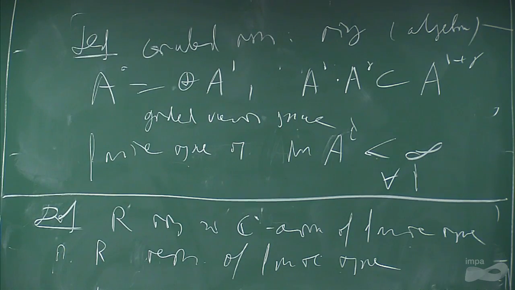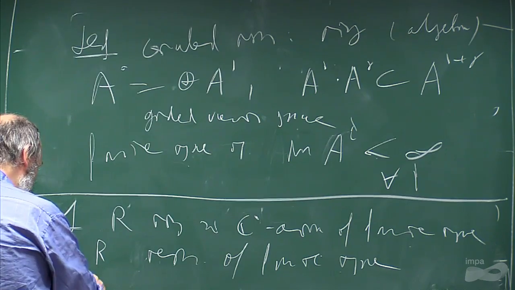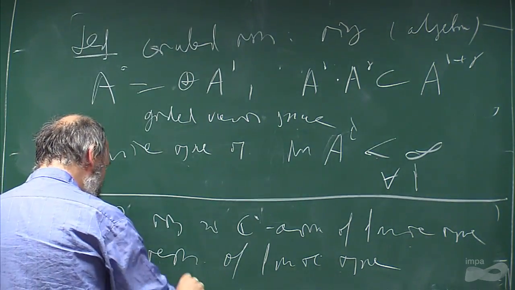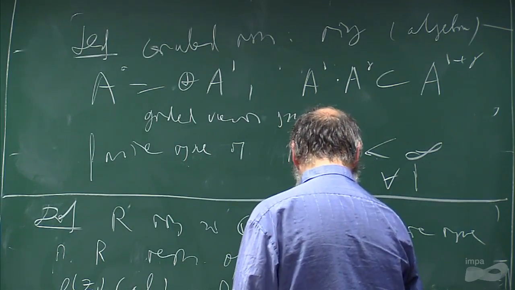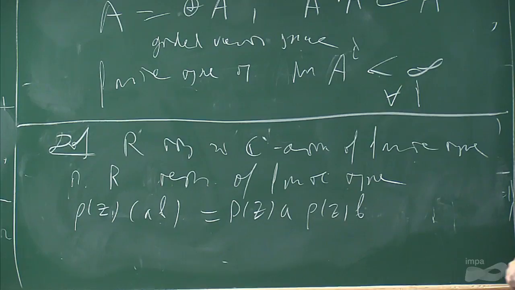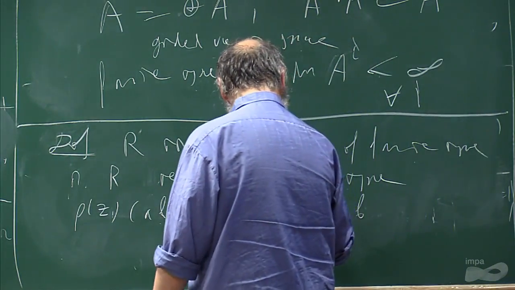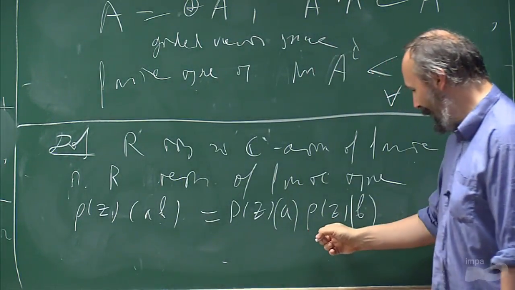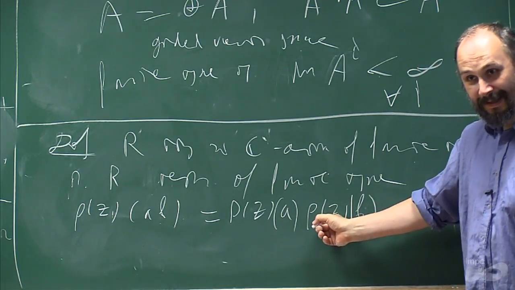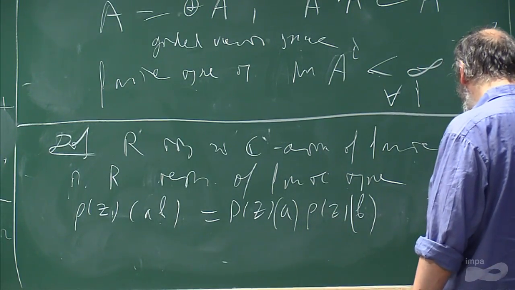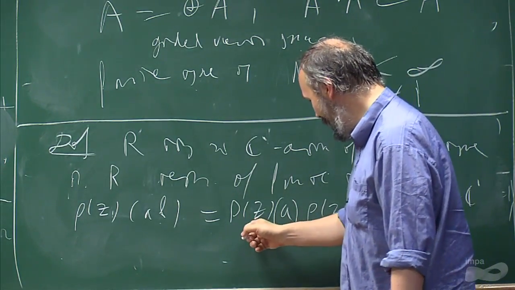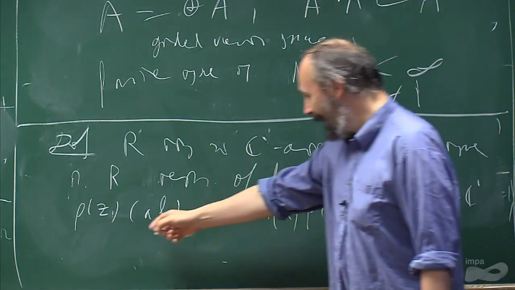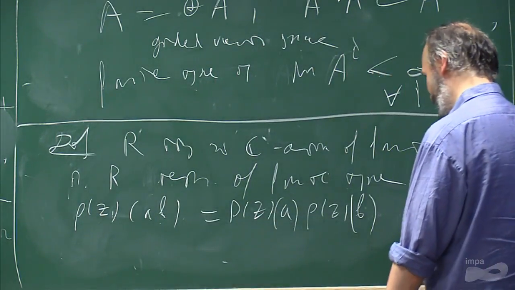And then you have to assume that rho of z of ab is rho of z of a times rho of z of b. Maybe I should put extra brackets here, because here it means that I apply rho of z, where z is an element in C star, to b. And here I apply rho of z to a, and here I apply rho of z to ab.